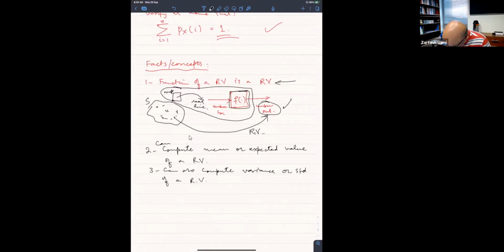So example, pick a random student from the class. Marks of this student on quiz 2 is a random variable.